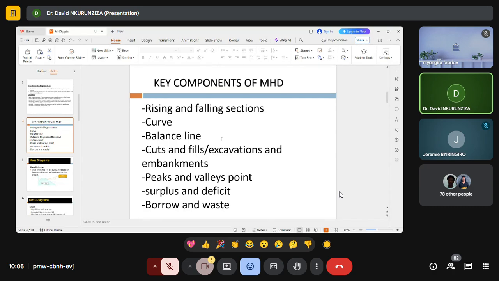So the rising and the falling, of course, the rising will be indicating that a cut is taking place. Rising section indicates that cut takes place along the road project.